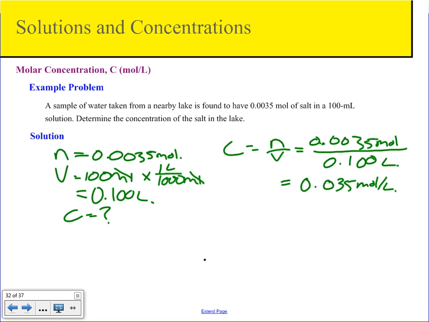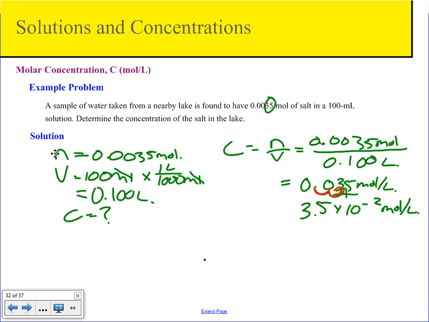Because I have two significant figures, this needs to be reported in two significant figures. It is 3.5 times 10 to the negative 2 moles per liter, because I've had to move my decimal into that spot.